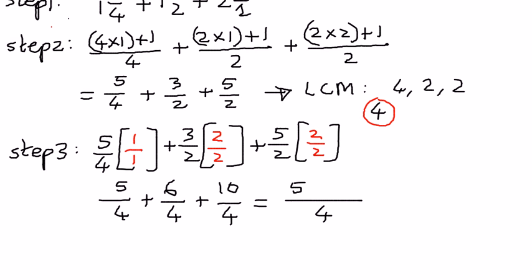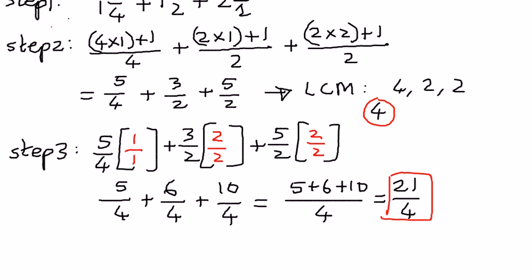We have 5 plus 6 plus 10. 5 plus 6 is 11. 11 plus 10 is 21 divided by 4. So 21 divided by 4 is what we have.